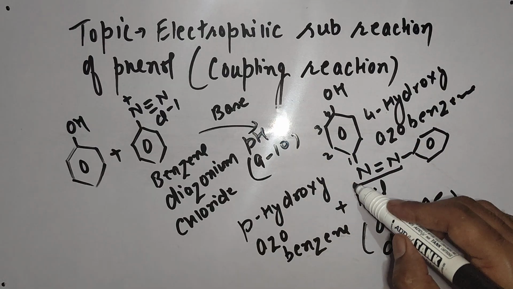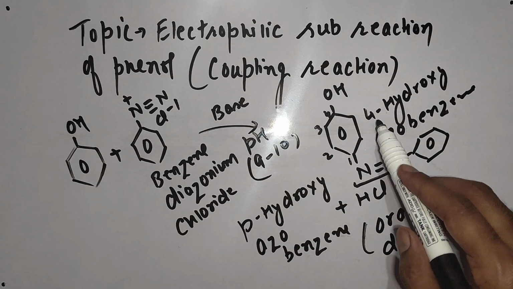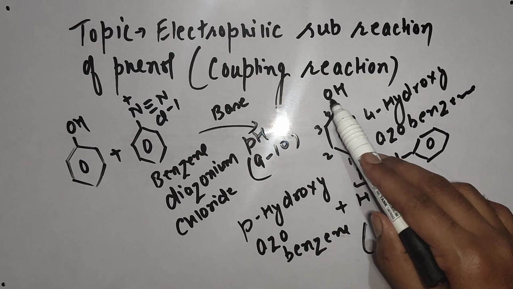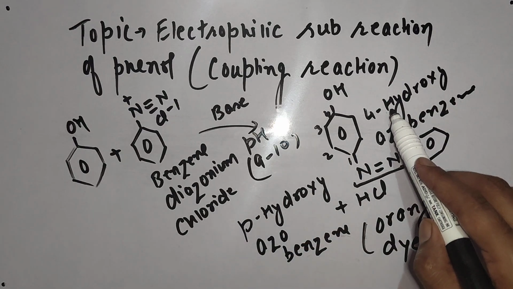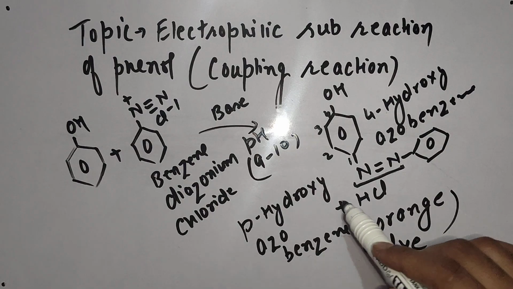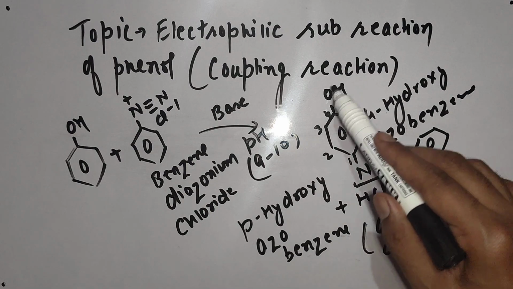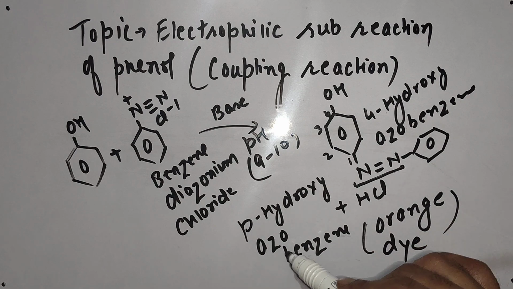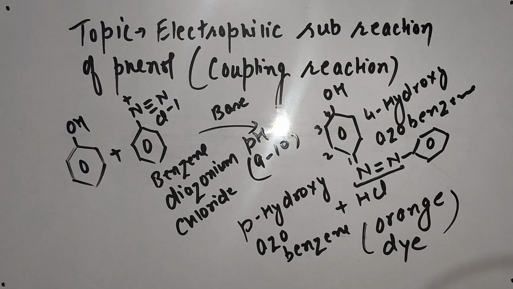And this azo group is connected with benzene, so azobenzene. So the IUPAC name will be 4-hydroxy azobenzene. When the OH group is working as a side functional group, its name turns to hydroxy. Or you can call it para-hydroxy azobenzene because it is on the para position of the azo group. So the common name will be para-hydroxy azobenzene. The color of the compound will be orange.